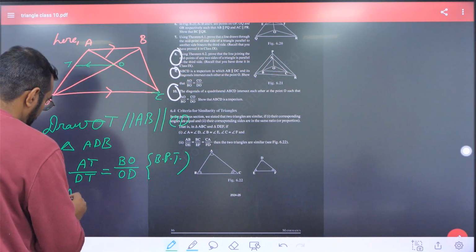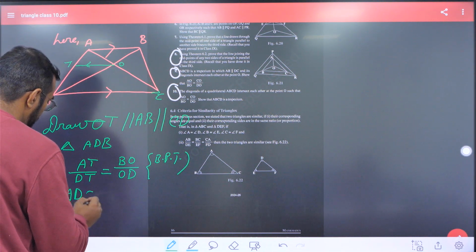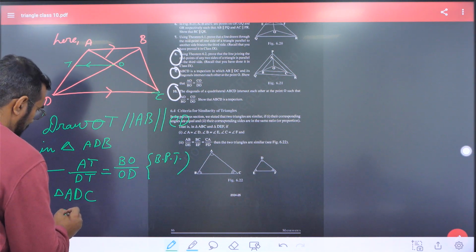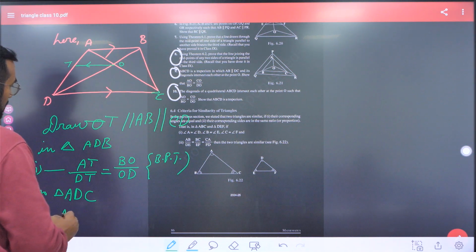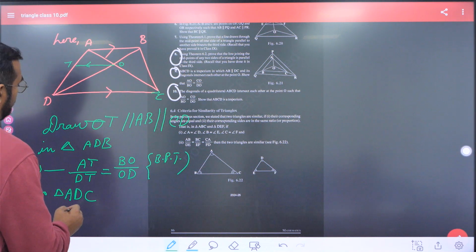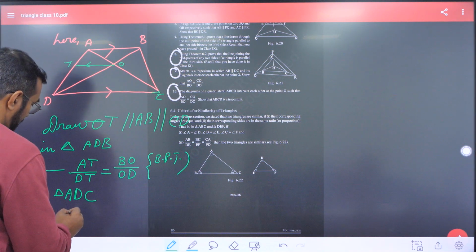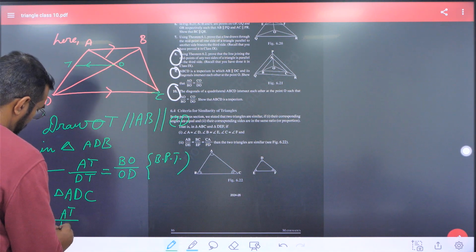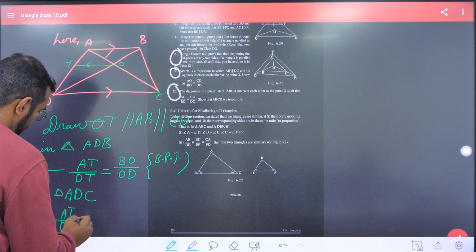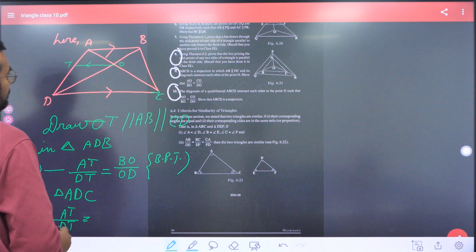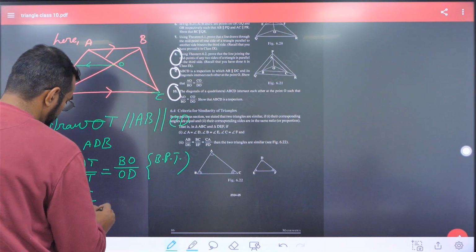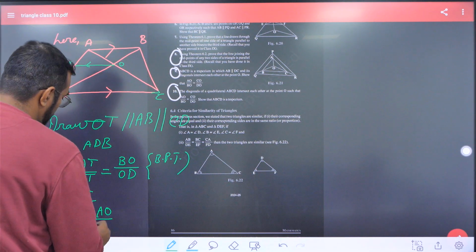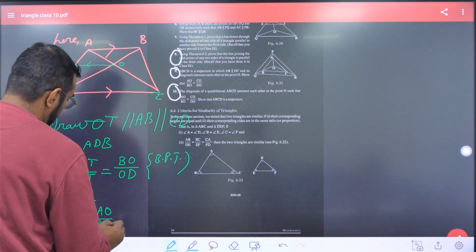In triangle ADC, AT upon DT is equal to AO upon OC, right?